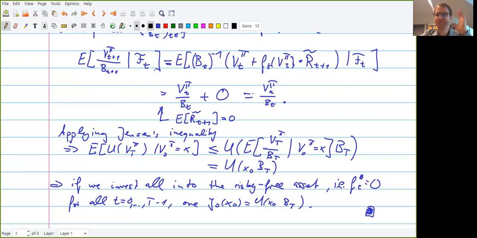Okay. We have now studied how to select an optimal investment strategy based on an investor with preferences described by a utility function.